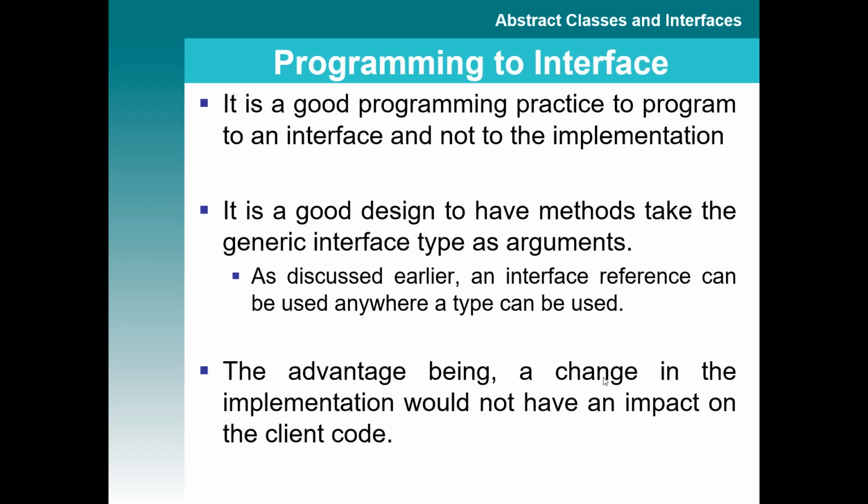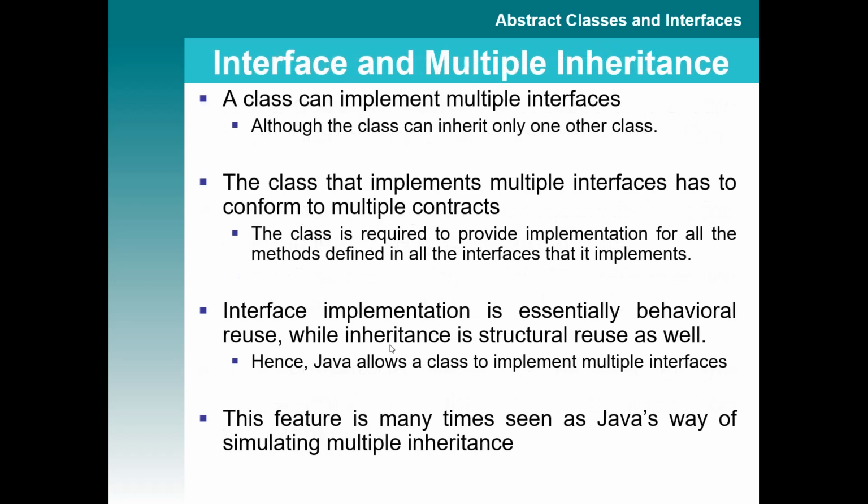So it's considered a good practice to program to the interface. We say that it brings about loose coupling. Programming to the interface is also known as loose coupling. The advantage being that a change in the implementation would not have an impact on the client code, because client code would have only the interface type as the reference type.